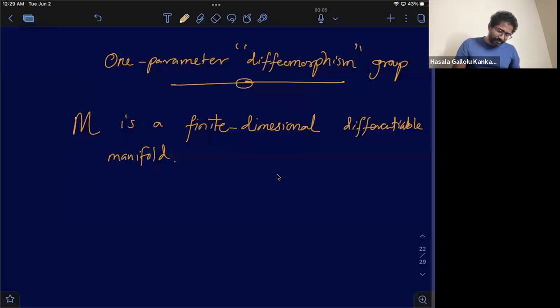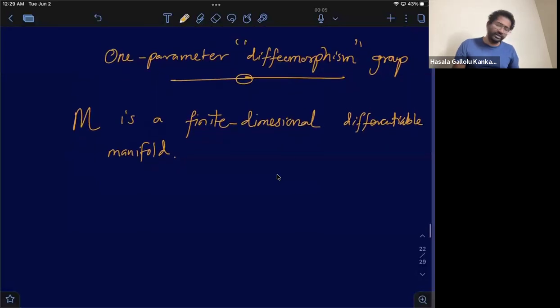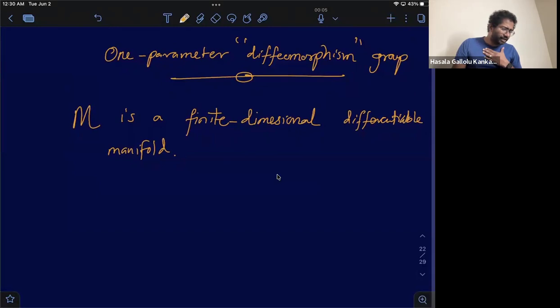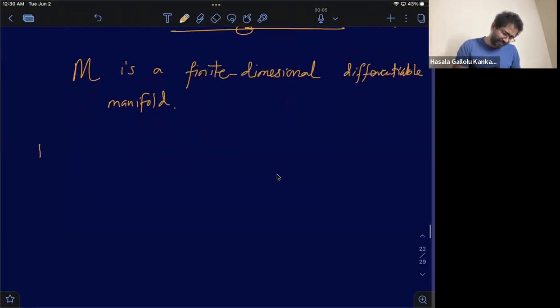Now, since we talk about differentiability, it can be up to a certain level, a certain number of times differentiable. It could be 2 times differentiable, 3 times differentiable. So without saying much, let's write down a couple of definitions. Let's make it terminology.